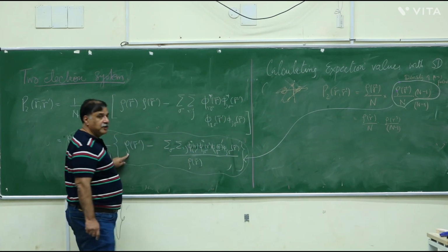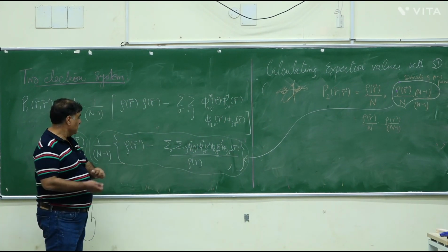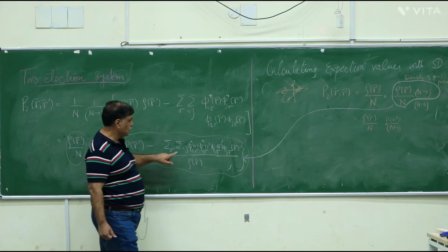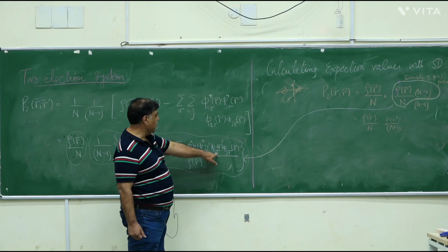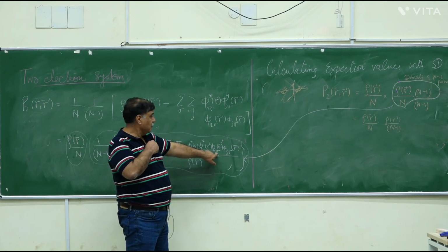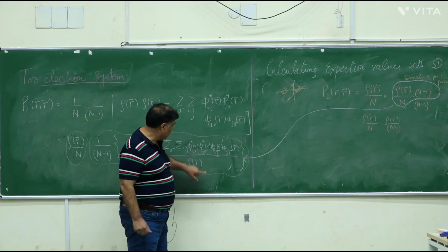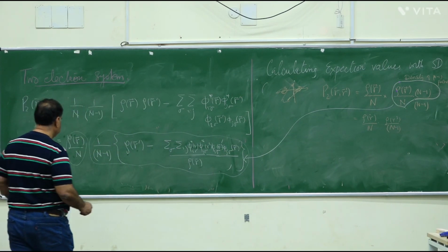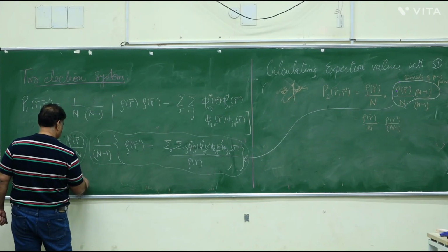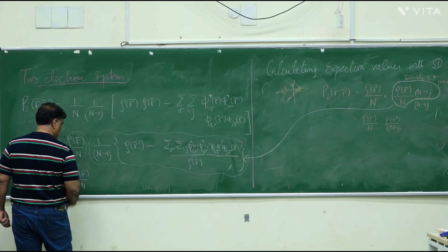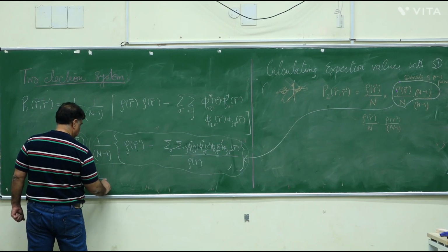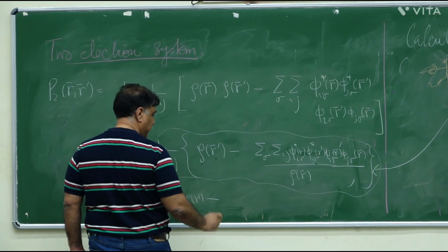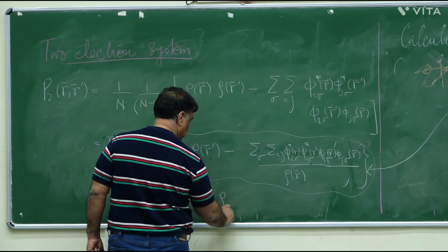Integrate this with respect to r prime, and you will find this is also n minus 1. If I integrate over r prime, it will give me delta ij, and that will give me the density. I'm going to write this as rho r over n times 1 over n minus 1 rho r prime minus this complicated animal, which I'm going to call the exchange hole.